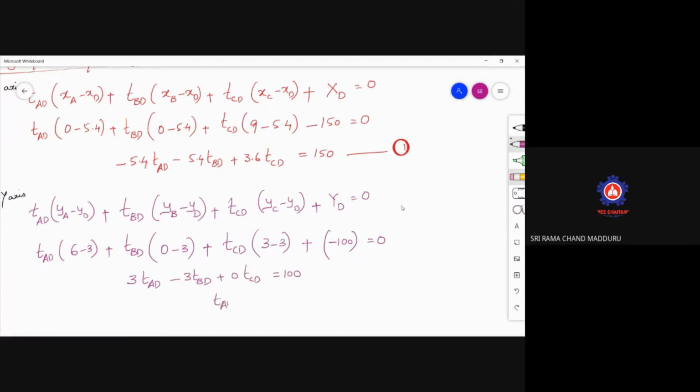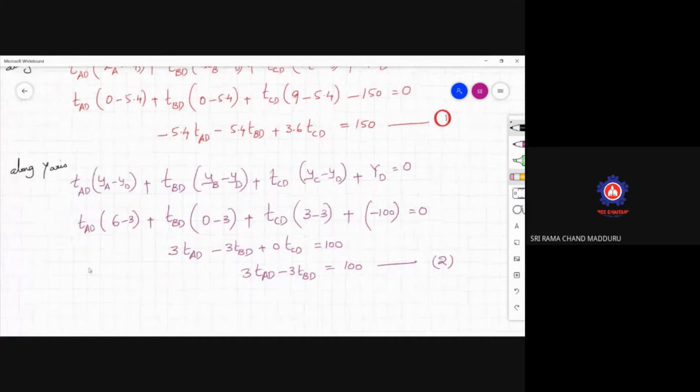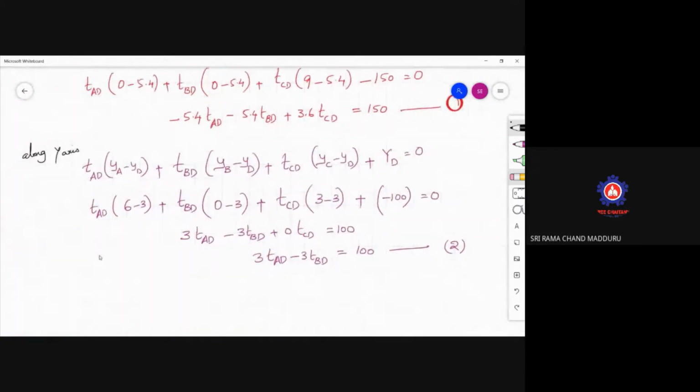So 3 TAD minus 3 TBD is equal to 100. That is your equation number 2, which is written along the y-axis.